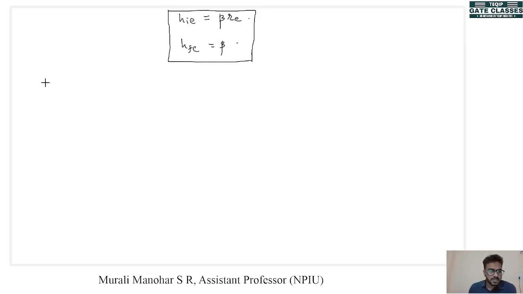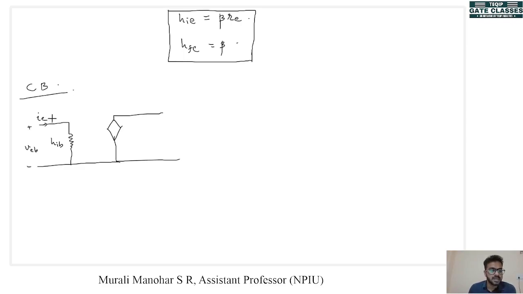Now we can go for the common base configuration. Here we have the H parameter model, the approximate one. This is HIB. Here we have VEB.